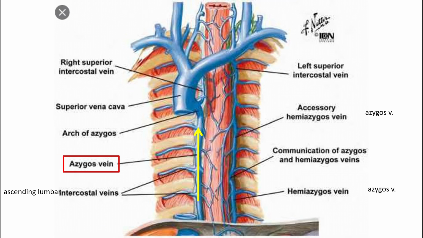It is going to originate from the right lumbar veins as an ascending branch, and then passes through the diaphragm, and as it is on the right side of the vertebral column, it is going to collect veins from intercostal spaces, veins from the esophagus, and higher up veins from the trachea, and then it arches and opens into the superior vena cava.